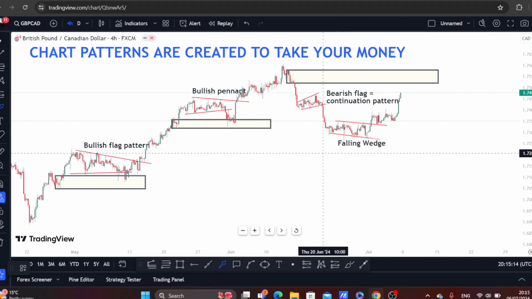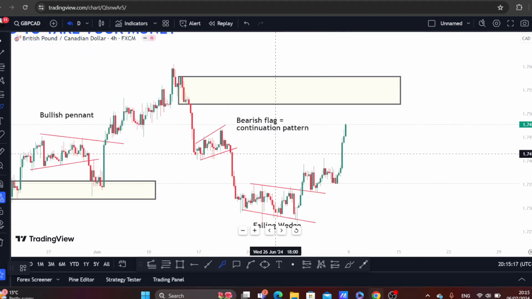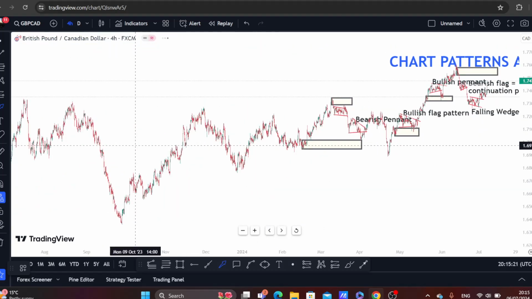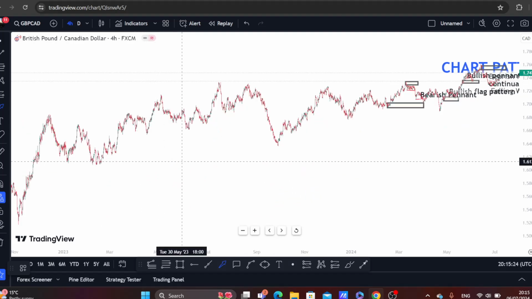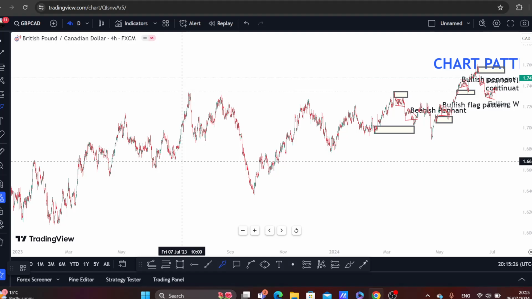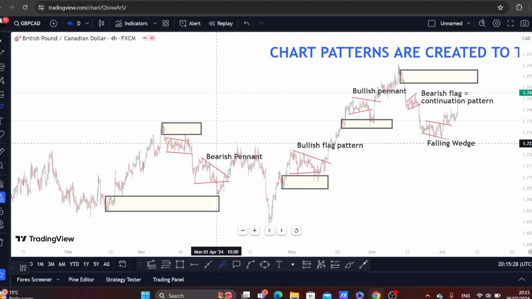Right, so the first pattern we're going to look at, let's start from the beginning. So let's start from here.